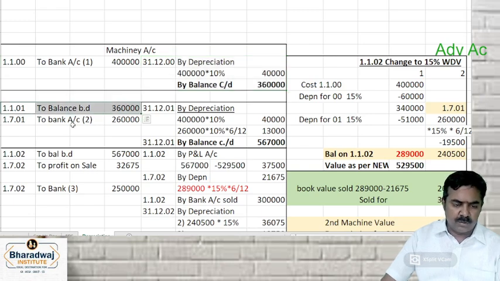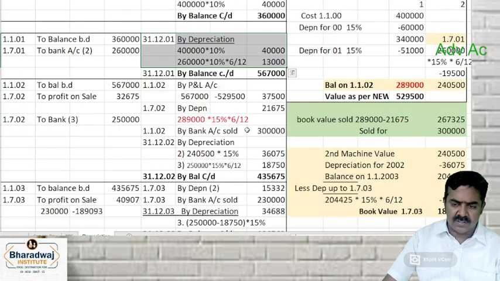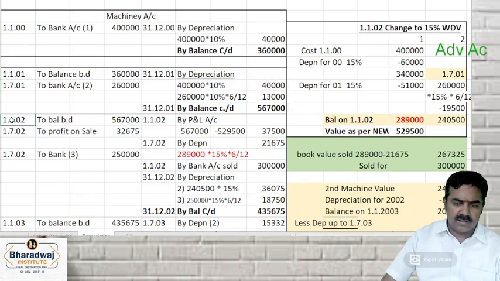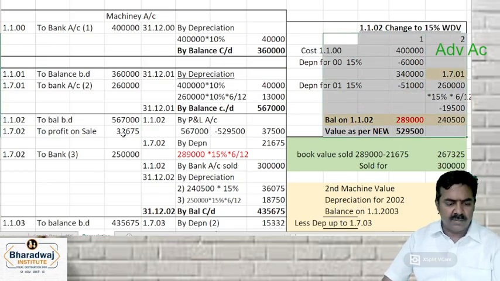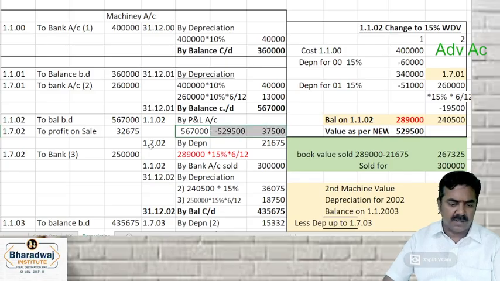Second year opening balance, there is a purchase, depreciation for two assets, then close. Third year, before we sell the asset, we change the depreciation. We change the depreciation and the difference we take to P&L account.